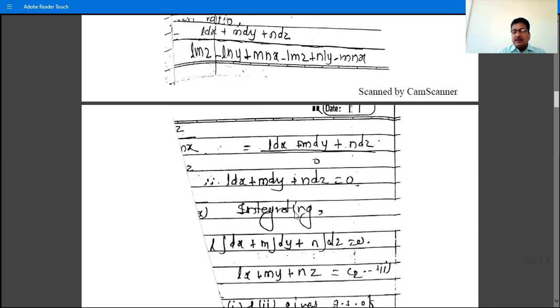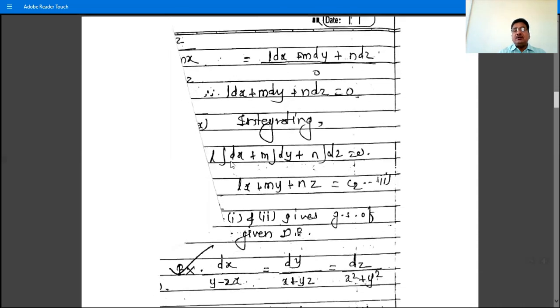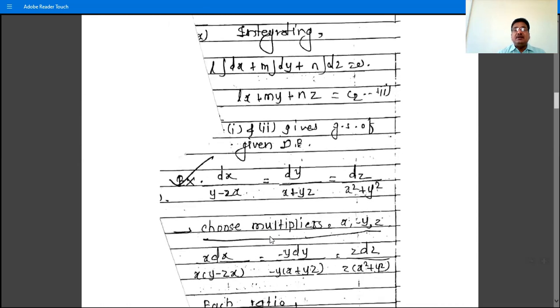After integration, L, m, and n are constants, the integration of dx is x, dy is y, and dz is z, and therefore Lx plus my plus nz is equal to C2, the second solution. And so first and second give the general solution of the given differential equation, or the complete integral, or the integral curves, or primitives of the given differential equation.